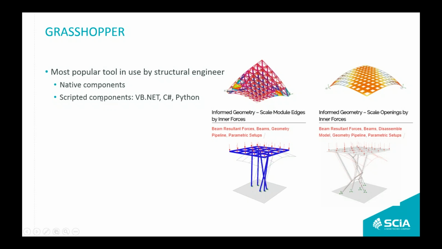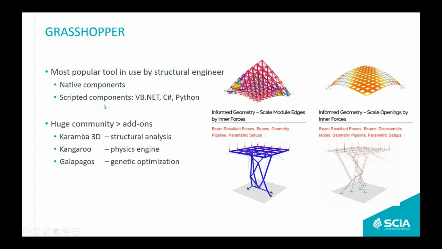And also it has a large variety of native components to create specific things. And I feel that the main benefit of it is the huge community around it. So there are plugins that are made by separate groups of people, and they are available for anyone to use. And we have a plugin for Grasshopper of our own, and we call it Koala.